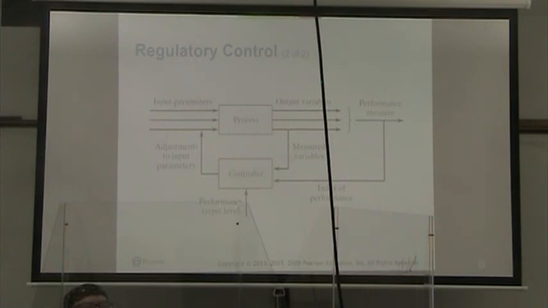We have our performance index measured. That's coming back to the controller, right? So the measured variables are going in, the index of performance is going in. We have a performance target level that we're shooting for, and we're going to adjust our input parameters based on that.